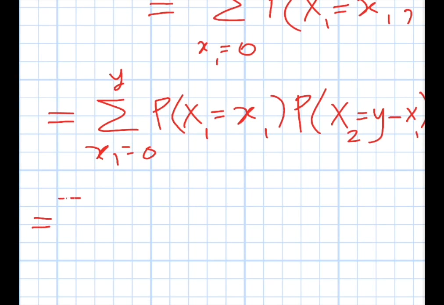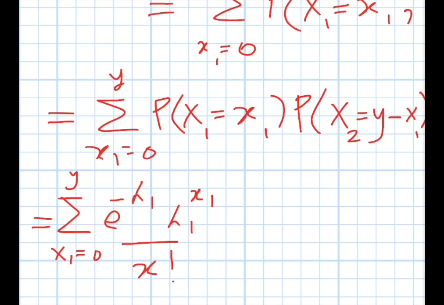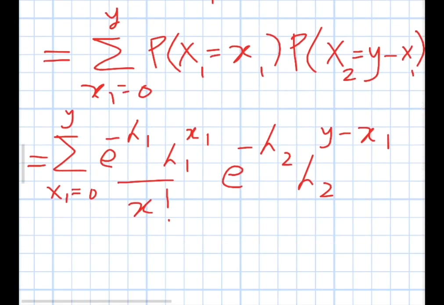So this is equal to the sum for x1 from 0 to y of e to the minus lambda 1 times lambda 1 to the x1 divided by x1 factorial, times e to the minus lambda 2 times lambda 2 to the power of y minus x1 divided by (y minus x1) factorial.